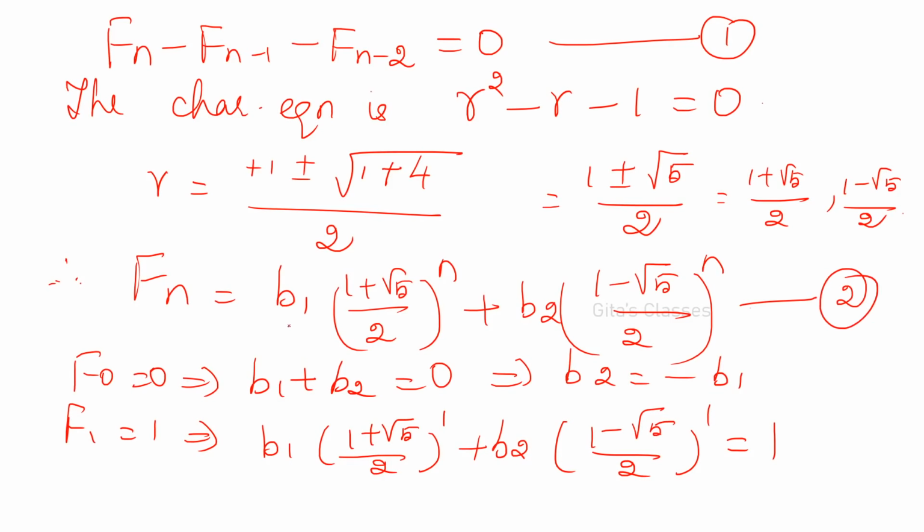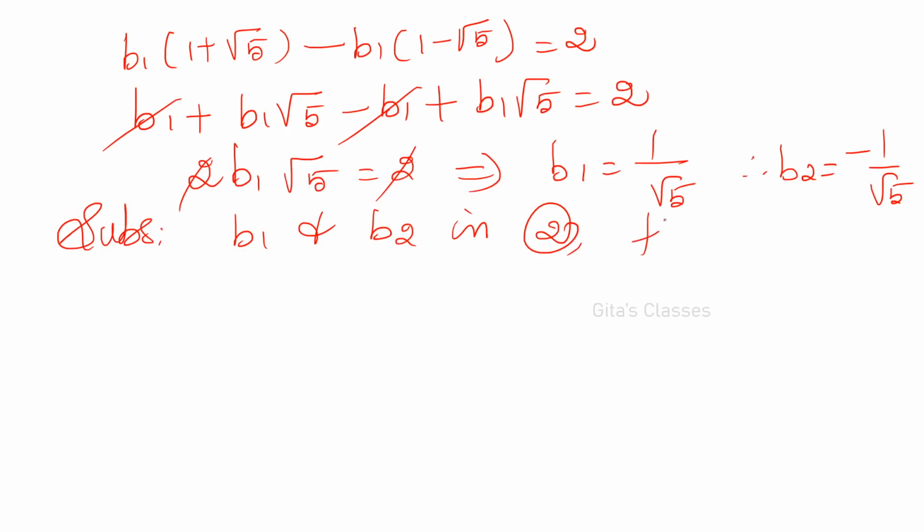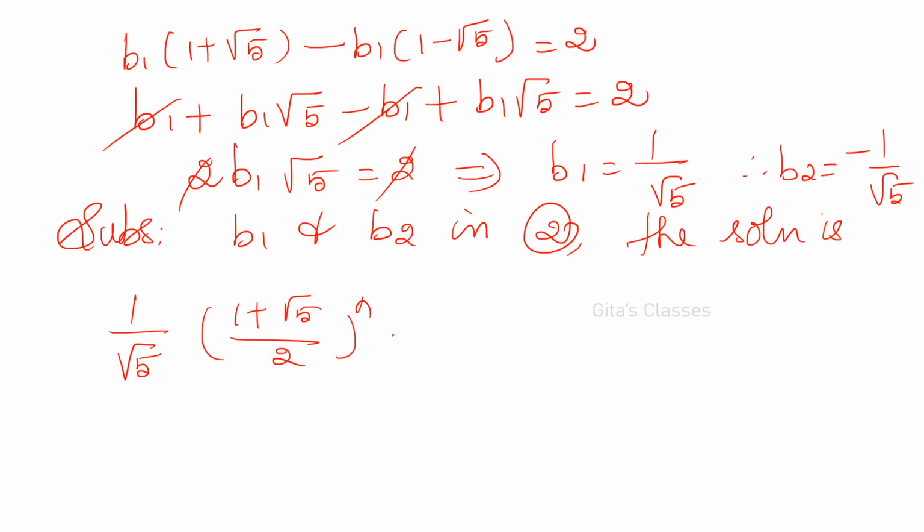Now we have to substitute the values of B1 and B2 in this equation number 2. So substituting B1 and B2 in equation number 2, the solution is: Fn is equal to 1 by root 5 into 1 plus root 5 by 2 the whole power n minus 1 by root 5 into 1 minus root 5 by 2 the whole power n.